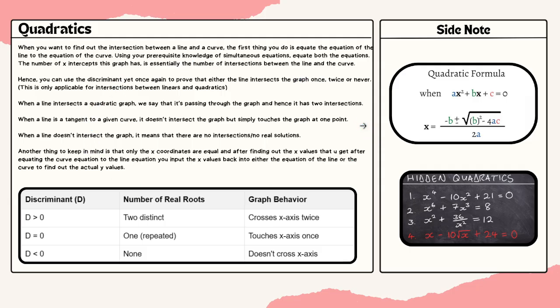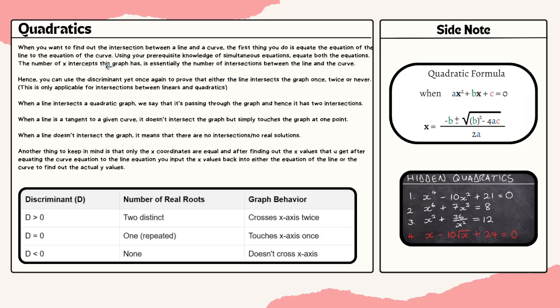Whenever you have to find the intersection between a line and a curve, for example, you start by equating both the equations, right? And it's basically like a simultaneous equation, which is pretty easy. Now, whatever equation you get from equating the two functions, that's your equation of intersections in fancy terms.